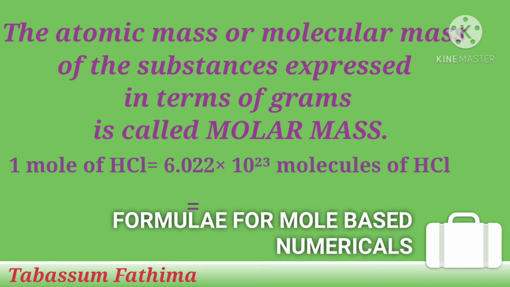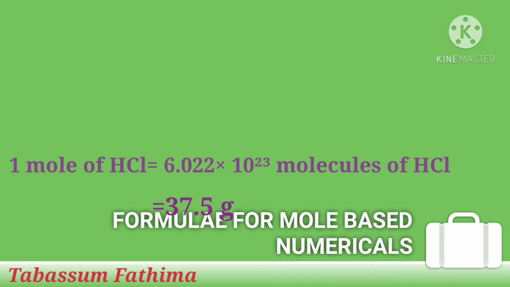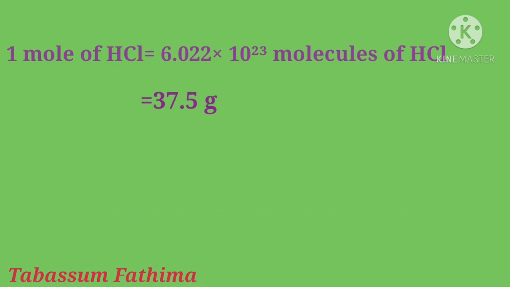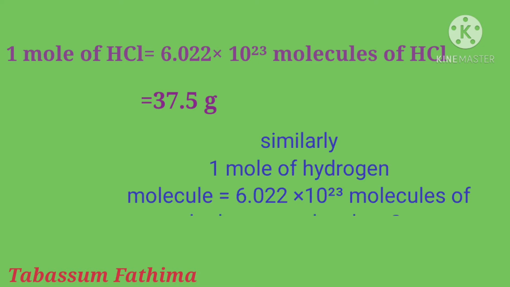And 1 mole of HCl molecules is also equal to Avogadro number with the molecular mass 36.5 grams. In a similar way, 1 mole of hydrogen molecules is also Avogadro number of molecules with 2 grams.